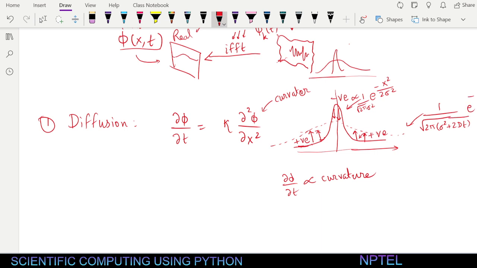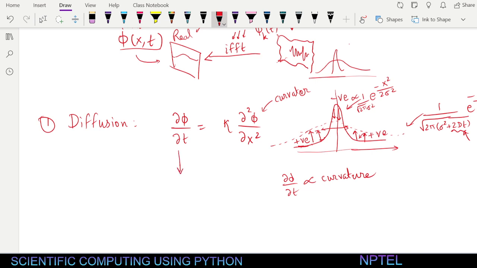So e to the power minus x square by 2 sigma square plus 2 Dt, or I don't know, the coefficients might be wrong, but with time, what happens is that this standard deviation increases. So the width of the distribution increases. Okay, so that is diffusion.